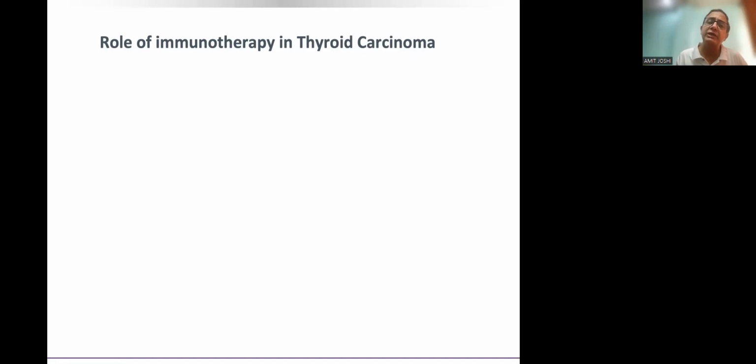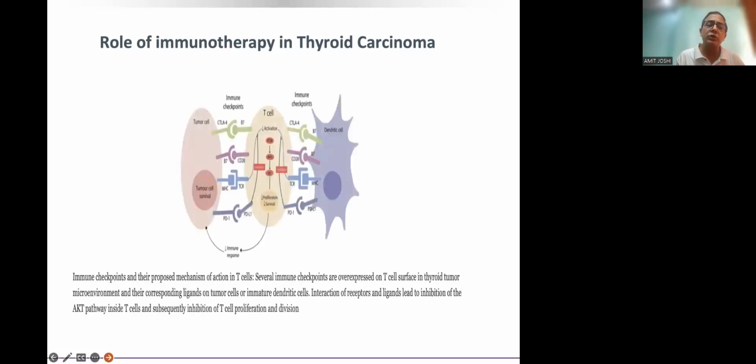So with the same data, in the majority of patients, when disease progresses, the investigators tried to use immunotherapy in thyroid cancer, progressive thyroid disease, and they wanted to know whether immunotherapy is efficacious in that pattern in various thyroid tumors.